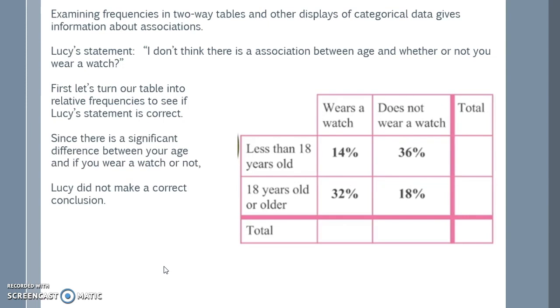When I look at the relative frequencies listed here, there is a significant difference between your age and whether or not you wear a watch. So Lucy did not make a correct conclusion.